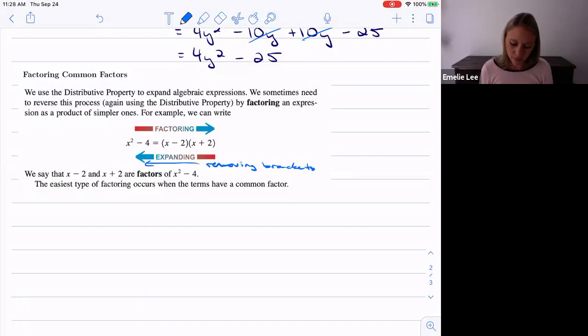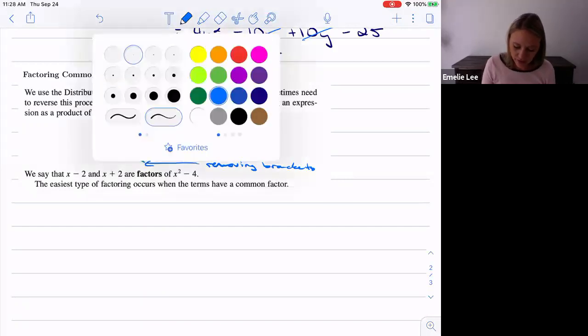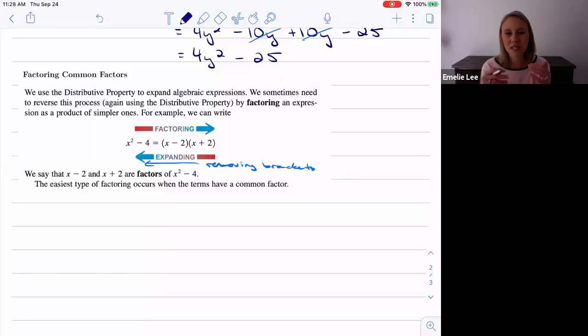Okay, so a lot of the time we'll use factoring, like I said, to be able to cancel things and to simplify things.